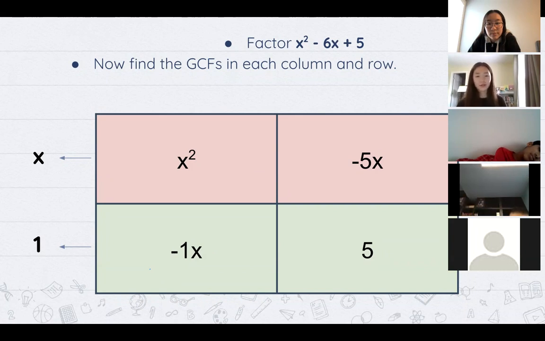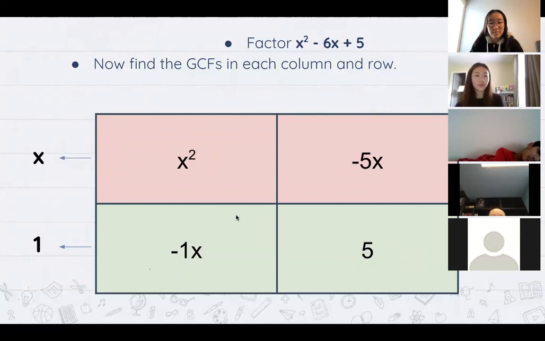So x squared and -5x. x squared is x times x, right? And -5x is -5 times x, right? Yes. So the greatest one that they both have is x, which is why we wrote it there. And then you do the same for the bottom row.